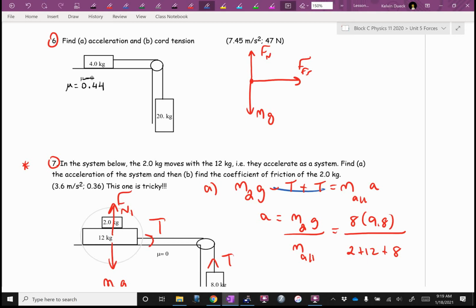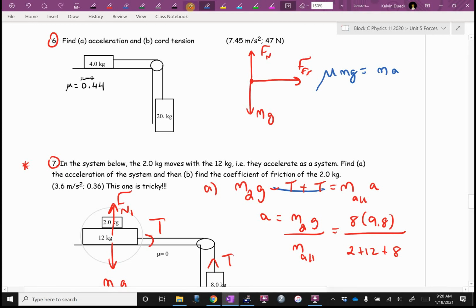And so you end up with, now it wants the coefficient of friction, so I would go mu times the normal force. I don't know the normal force. Oh, but look. I would replace the normal force with mg.